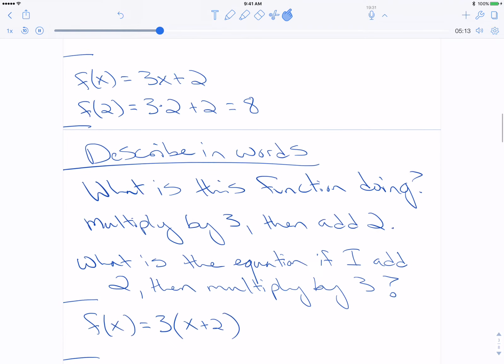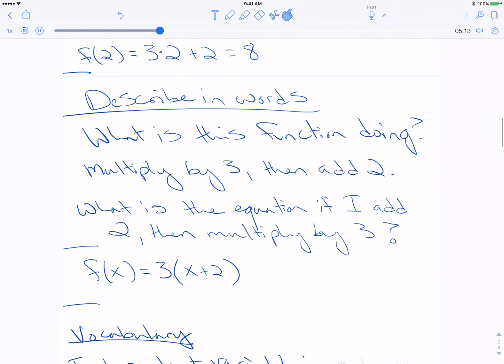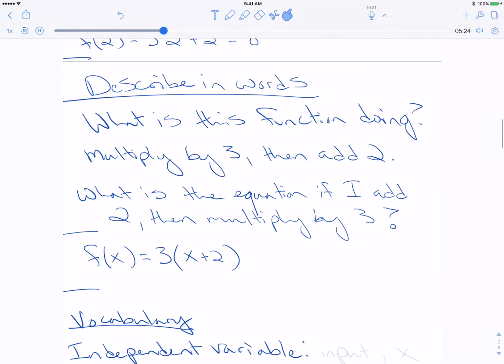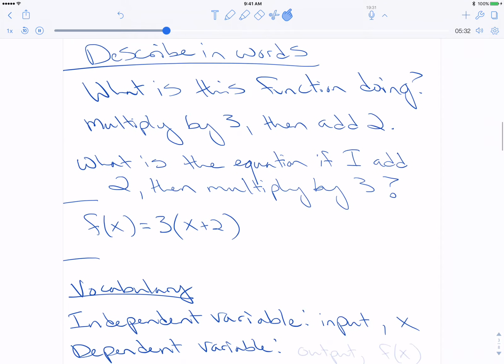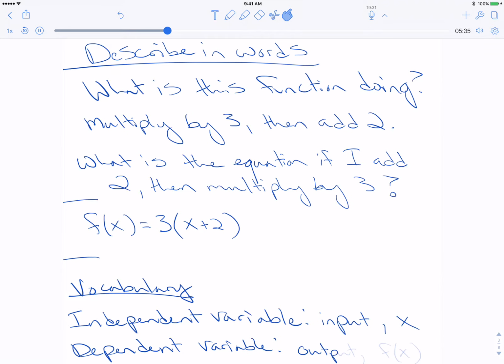Quick aside, some vocabulary. We have talked about this in class a little bit, but we haven't really talked about it in the context of functions and function notation. Our independent variable, our input, is still x. Our dependent variable is still our output, which in this case is the function of x, whatever that is.